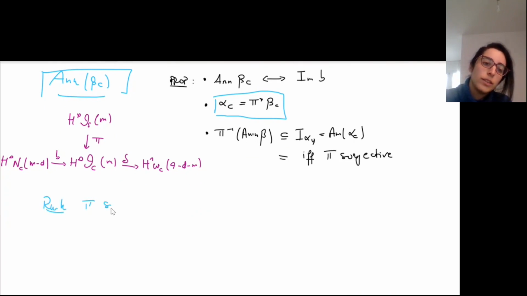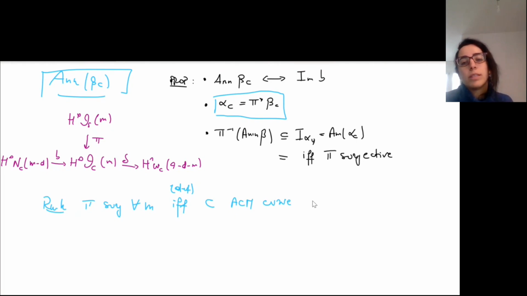Pi is surjective for every m if and only if, like a definition, C is an arithmetically Cohen-Macaulay curve. So, being that, one of the definitions that we can use is that H1 of the ideal of C in degree n is 0 for every n.